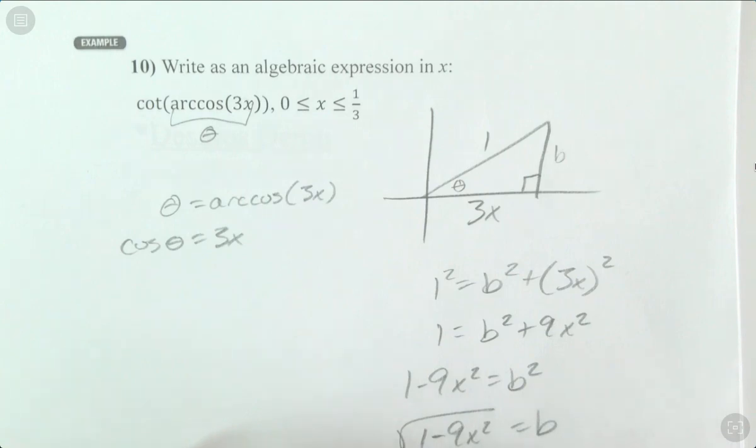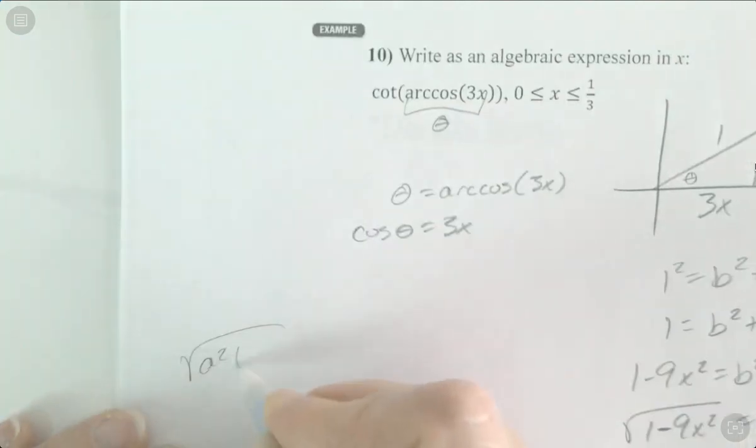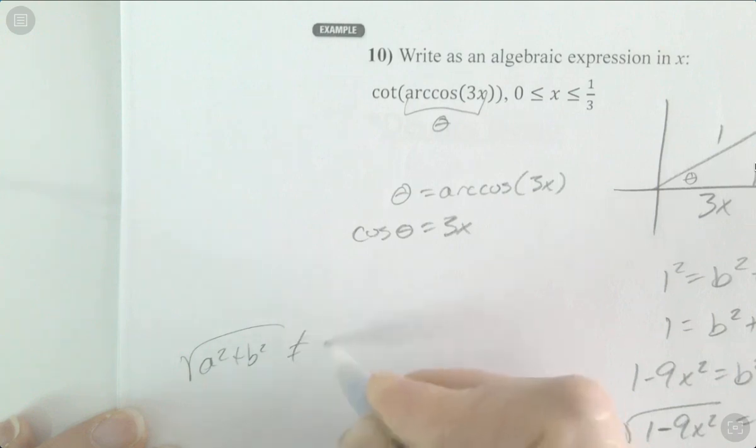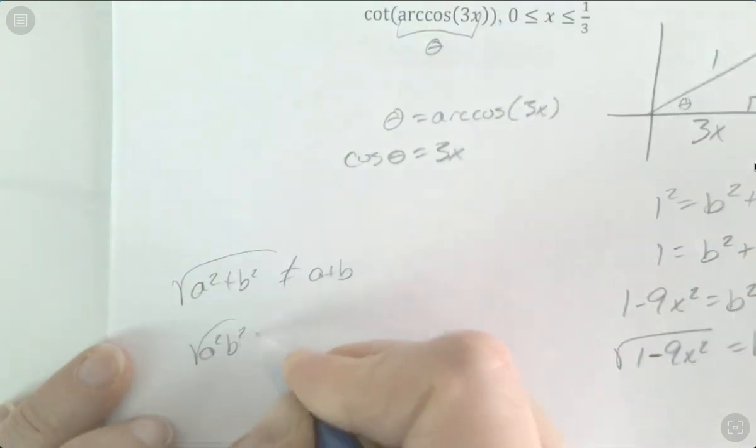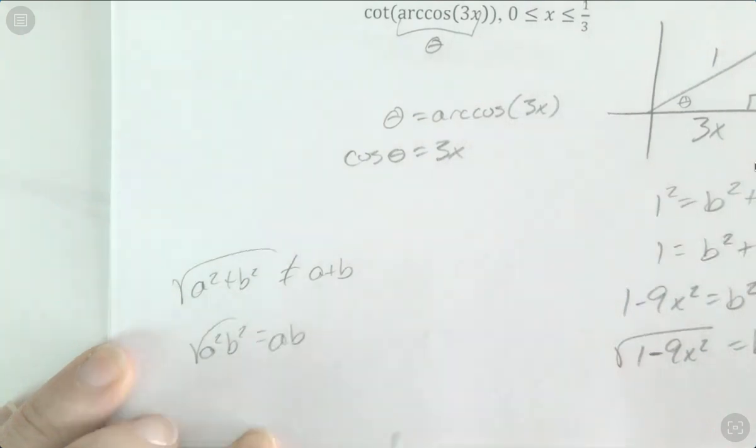Can I just call that 1 minus 3x? No. Because you can't take the square root of separate terms like that. There's no such thing as the square root of a squared plus b squared being equal to a plus b. The square root of a squared times b squared is equal to a times b.